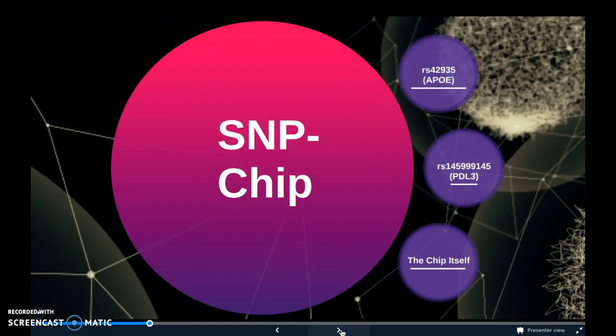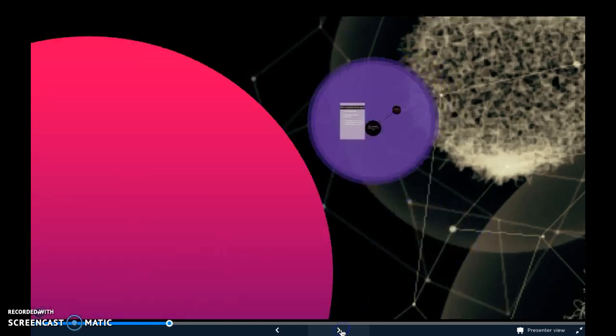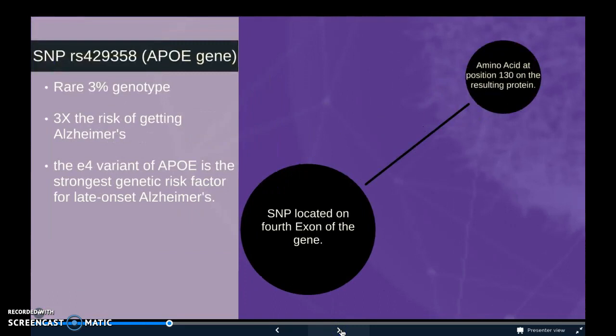We believe that SNP rs42935, APOE, and SNP rs145999145, PLD3, are the best predictors for risk of Alzheimer's disease. According to SNP rs429358, or the APOE gene, it has a rare 3% genotype.